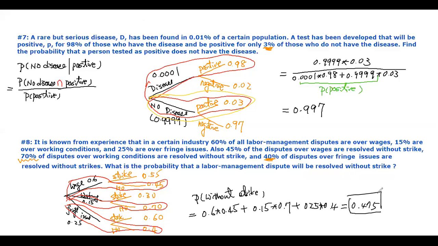All right, so that is the probability without strikes, and this is what we call a Bayesian application. That's why if you use this tree diagram for this type of problem, it's pretty easy. You just need to draw it and then read the problem carefully to see which branches they meet. All right.